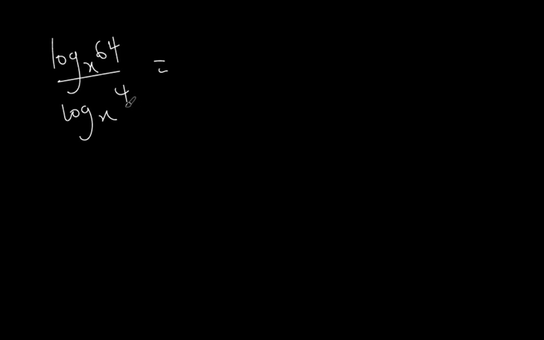So can we have 4 raised to any power that will give us 64? That should always come to mind in case you have something like this. So it so happens that in this case exactly we have something that will give us that. 4 raised to the power 3 will give us 64. So this will be equal to what?